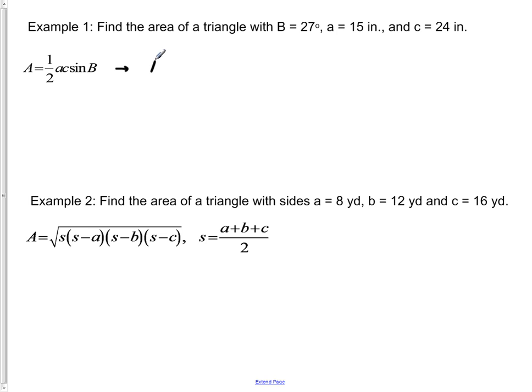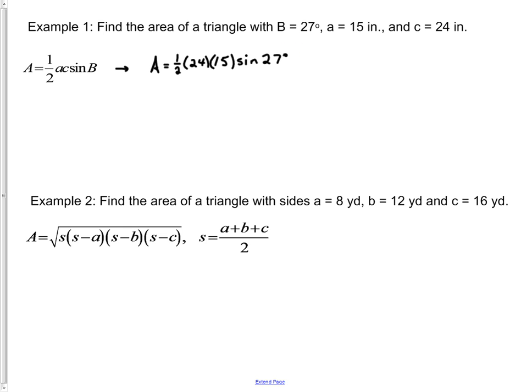Just filling in with what we know, the area will be equal to 1/2 times 24 times side a, which would be 15, times the sine of the angle in between them, so the sine of 27 degrees.